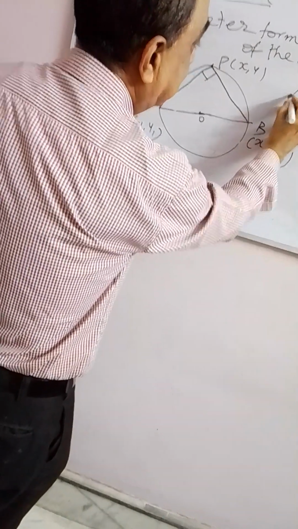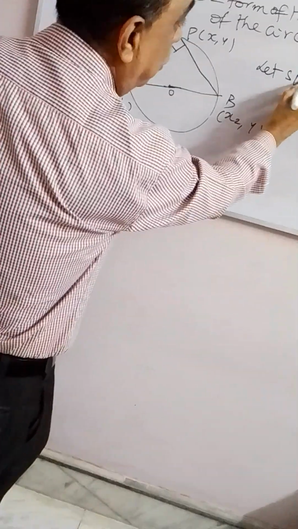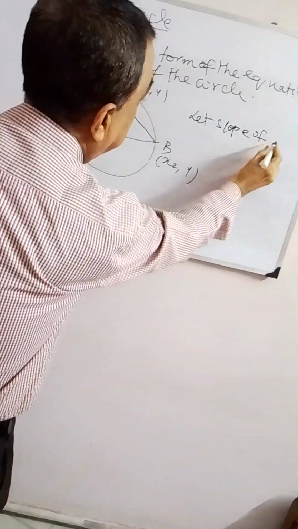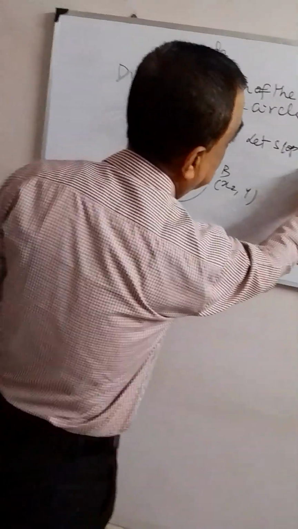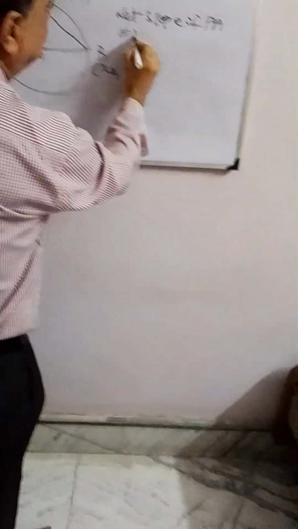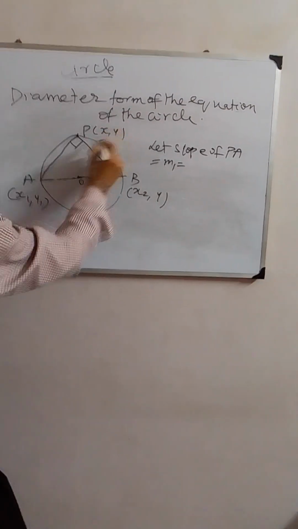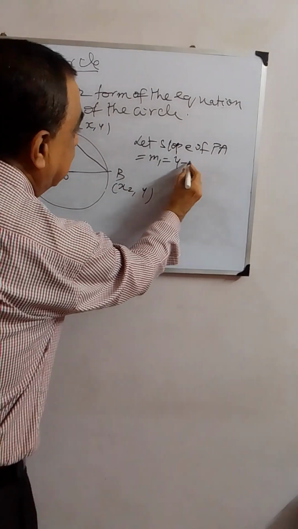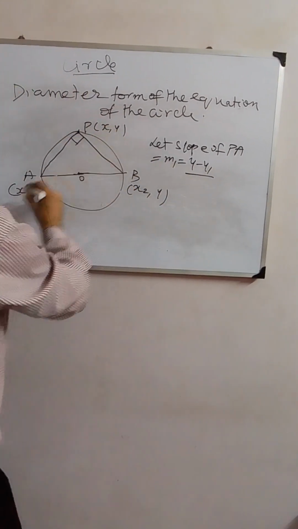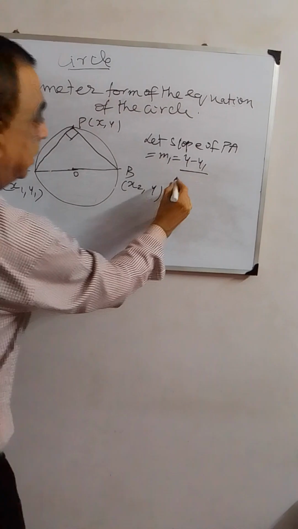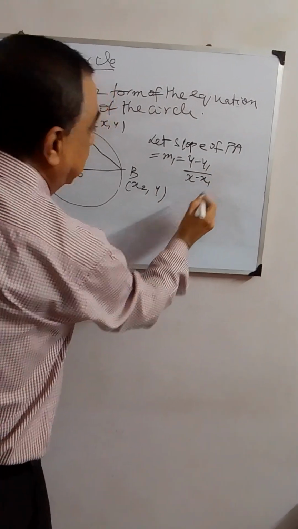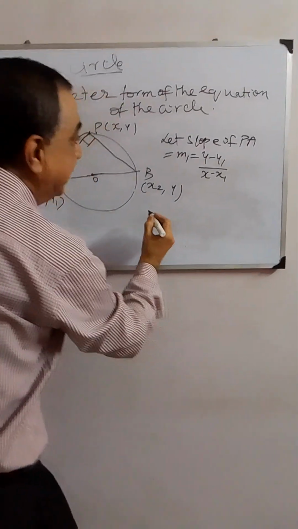So let the slope of PA be m1. What will be the slope of PA? It will be the difference of the y coordinates, so y minus y1, upon the difference of the x coordinates, so x minus x1. Okay, so this is the slope of PA.